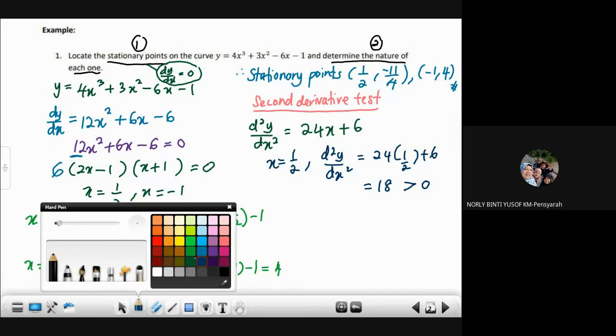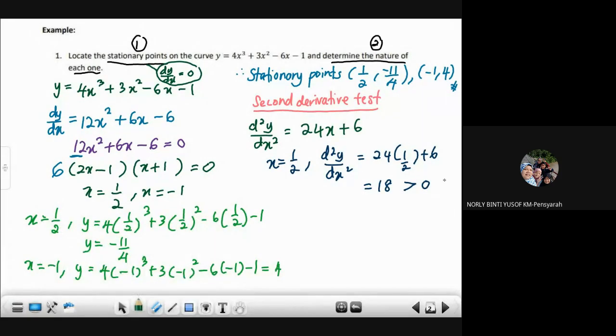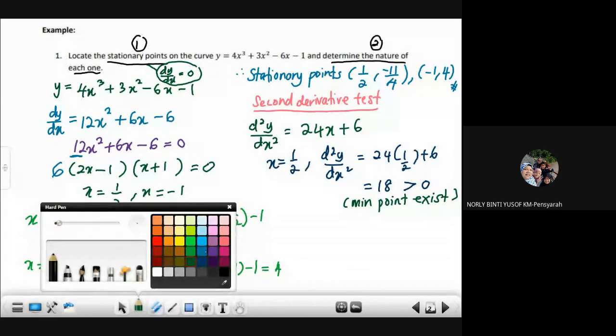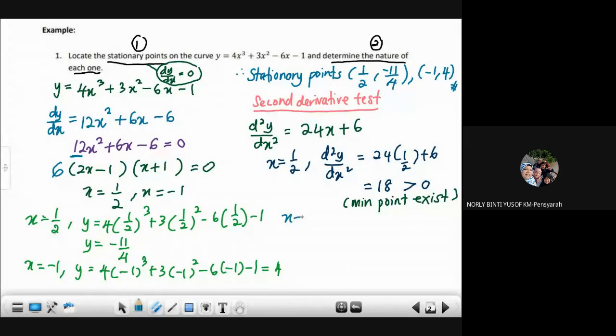And then state the conclusion because this one got marks. And then use the method of second derivative lah. Then state minimum point exists. Okay, because of the second derivative greater than 0. Then you put the value of negative 1 in the second derivative function.